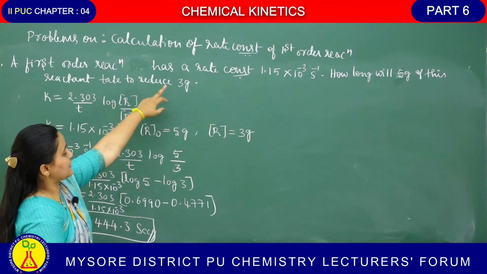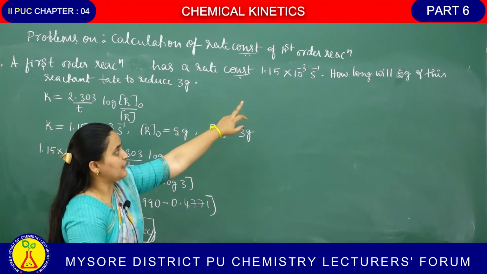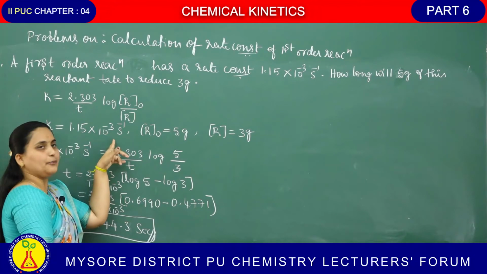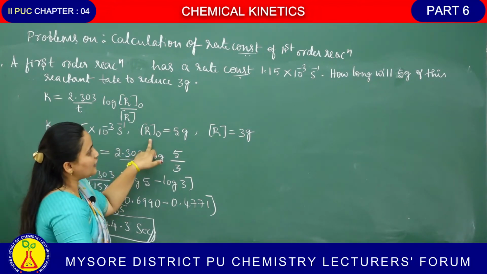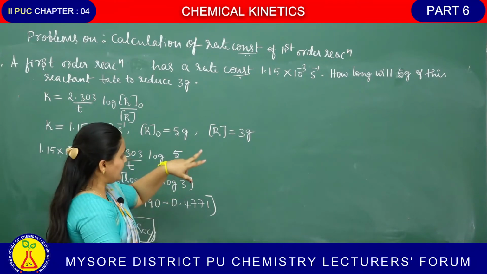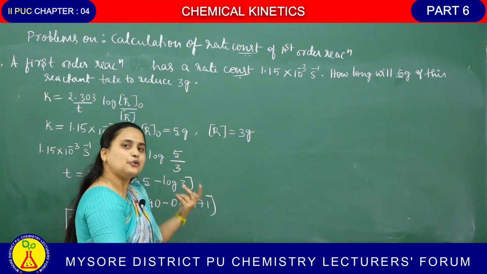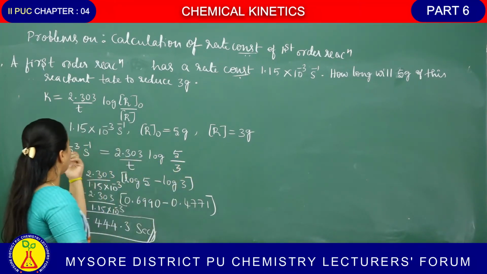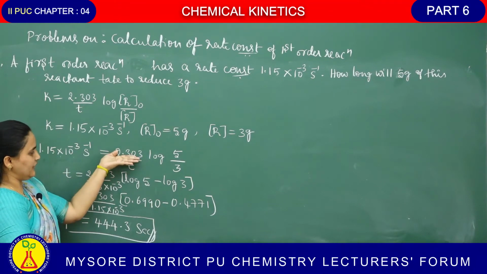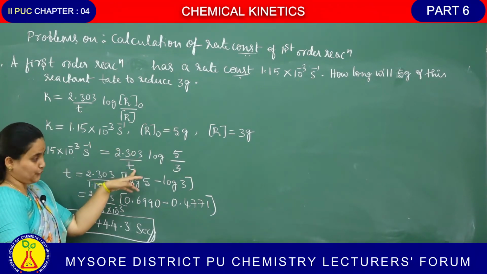Okay. First order reaction has a rate constant 1.15 into 10 power minus 3 per second. K is given 1.15 into 10 power minus 3 per second. R naught initially it was 5 gram and gets reduced to 3 gram. We have to calculate the time. K value I have substituted, 1.15 into 10 power minus 3 per second, 2.303 divided by T. T we have to find out.